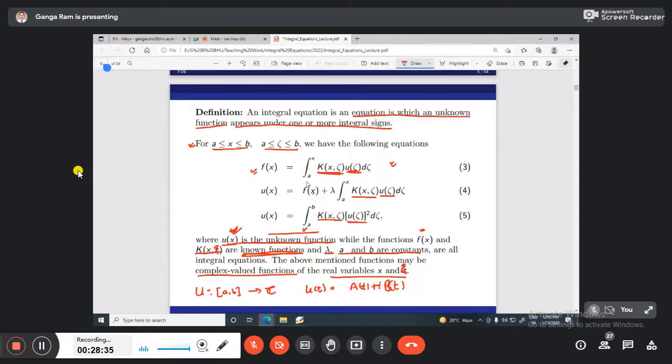Like this way, suppose u is defined from [a, b] to C. So we can define u(t) equal to a(t) plus i b(t).